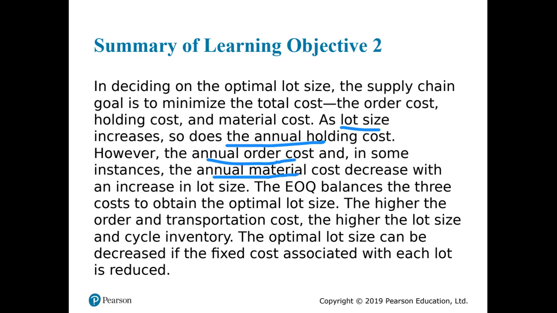The economic order quantity balances the three costs to obtain the optimal lot size. The higher the order and transportation cost, the higher the lot size and cycle inventory. The optimal lot size can be decreased if the fixed cost associated with each lot is reduced.